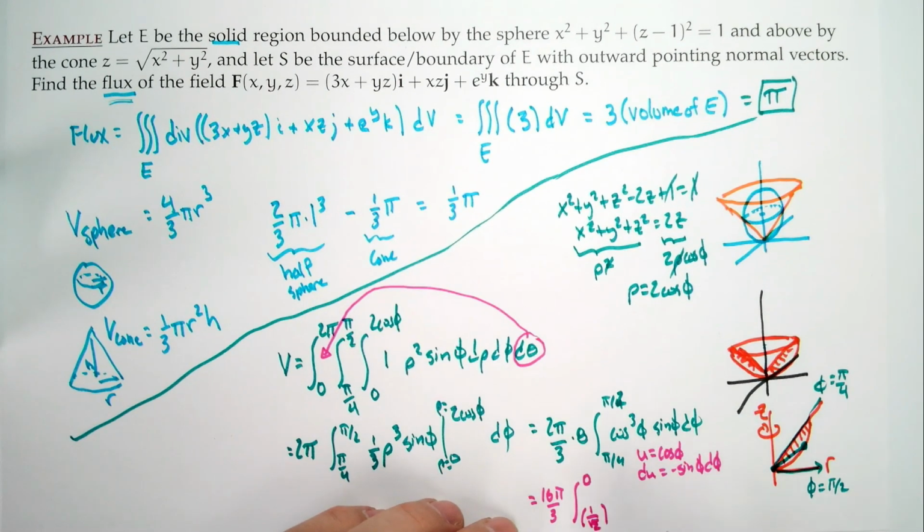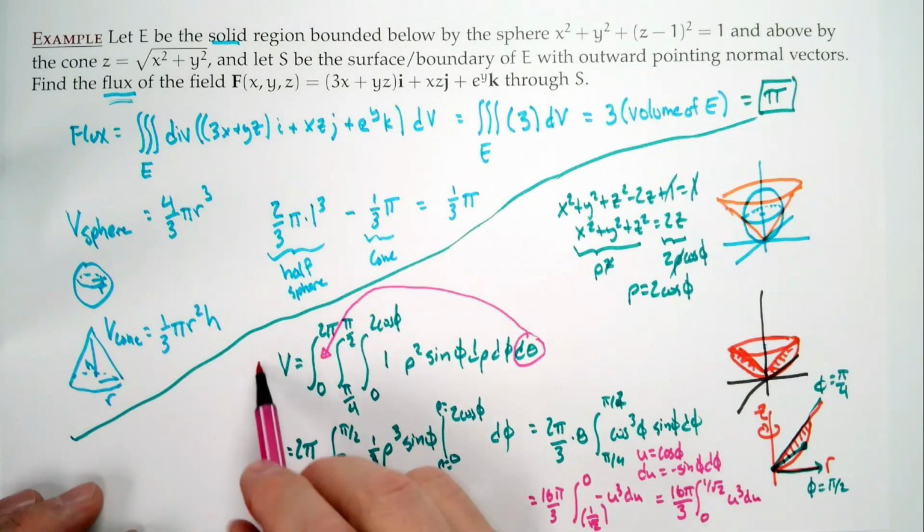And now we have u cubed times minus du, so minus u cubed du. Of course, we can get rid of the minus by flipping the bounds. So we have 16 pi over 3 times the integral from 0 to 1 over root 2 of u cubed du.